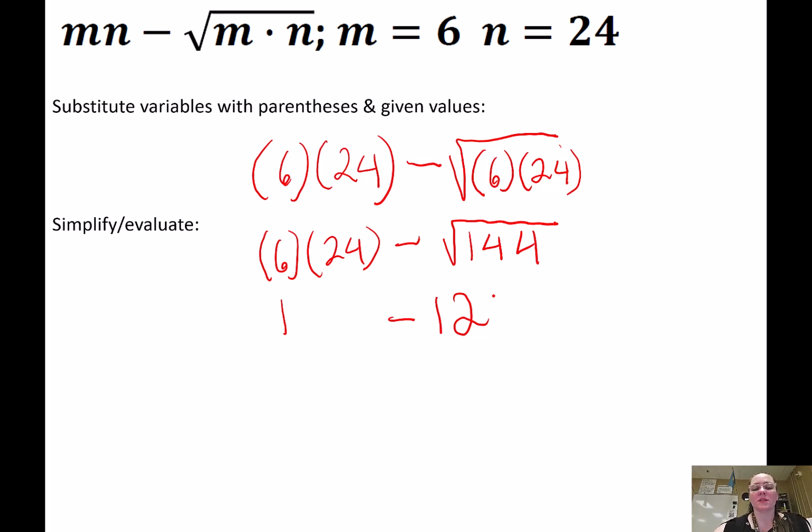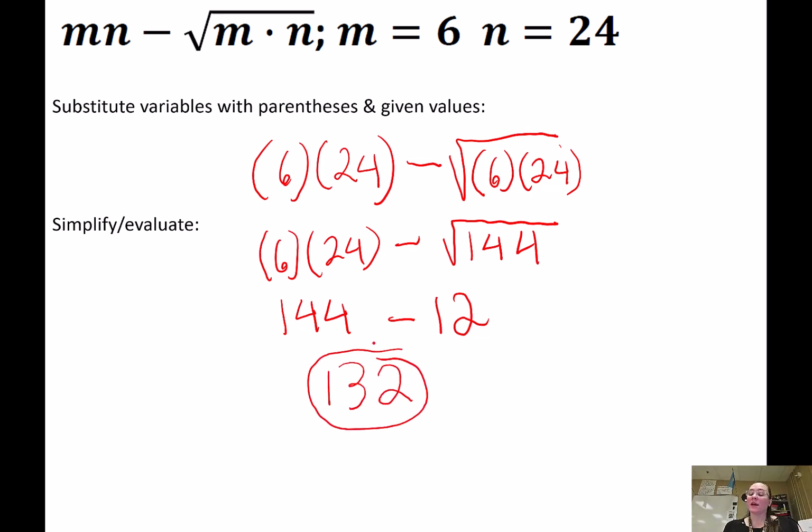And since we know what 6 times 24 is, I'm going to go ahead and write that there. Okay, so we know 144 is 6 times 24, minus 12 gives me 132.